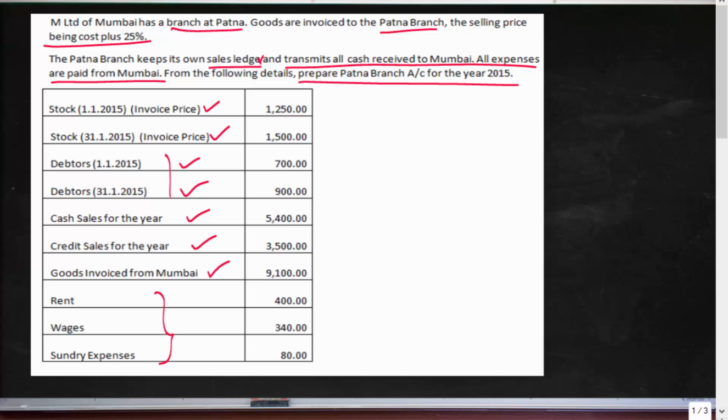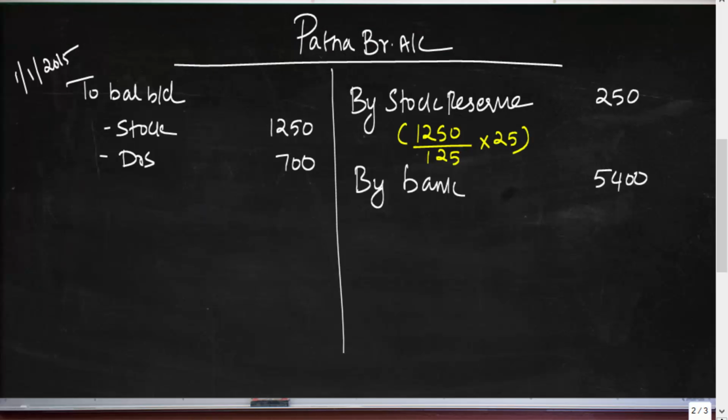Then we have goods invoiced from Mumbai, 9,100. Okay, so we'll say to goods sent to branch. What is the amount? 9,100. Now we have to remove the profit that is loaded on this amount. Basically 25 on 125. So we'll say by goods sent to branch.